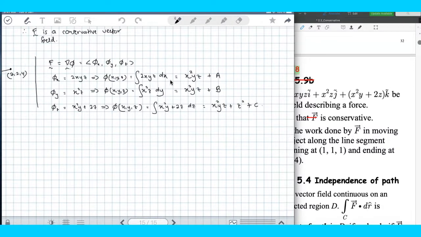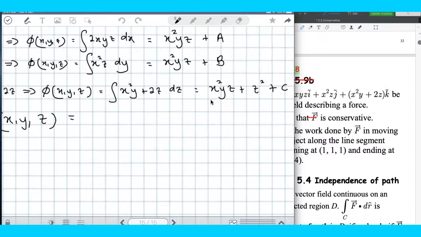We combine the three results to obtain a single scalar potential function. Some of them are the same, so we just take one of them. So now your scalar potential function is x squared yz plus z squared plus d.